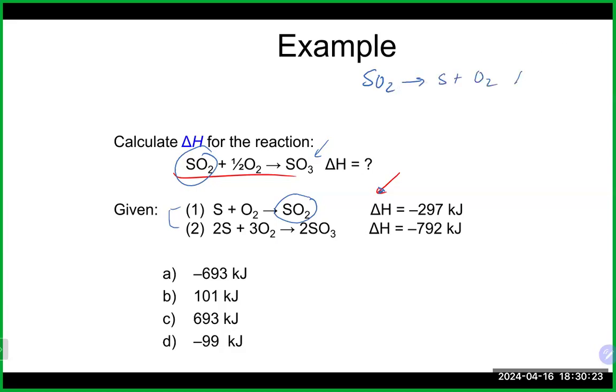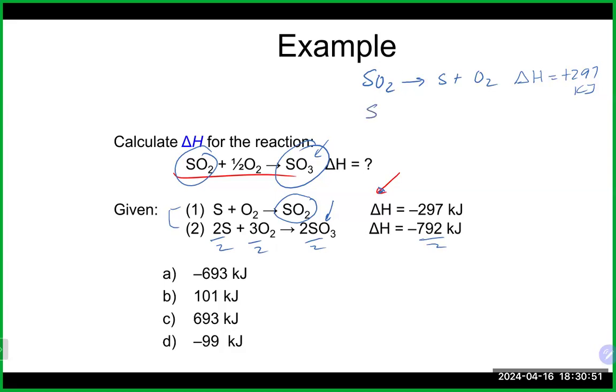Because I reverse it, the effect on my delta H now is going to be a positive 297 kilojoules. If I look at my SO3, it's on the right-hand side, which it is over here, but I only need one of them, and I have two in that equation. So that's going to require me to divide everybody by two, which means I also will end up dividing my delta H by two in this case.